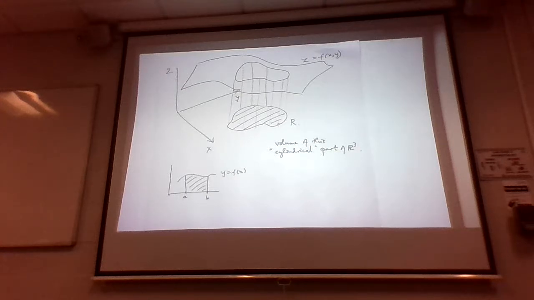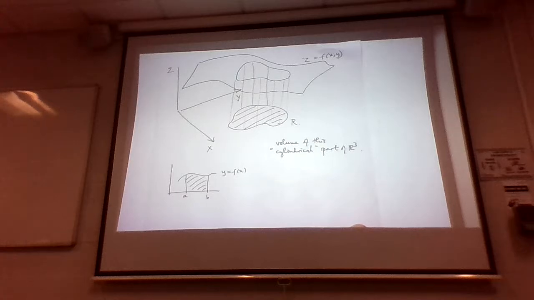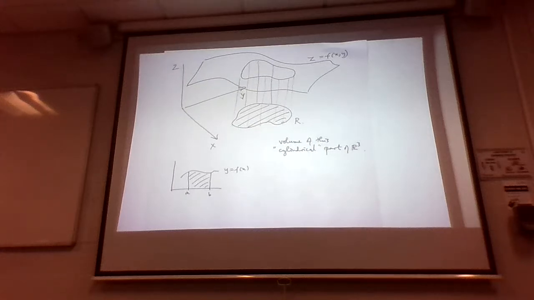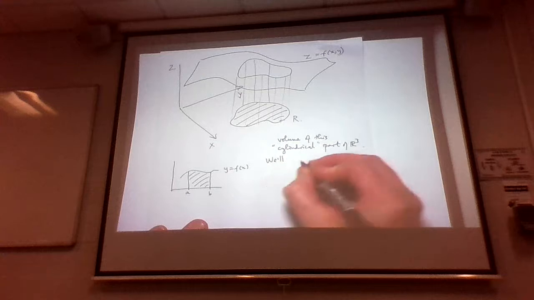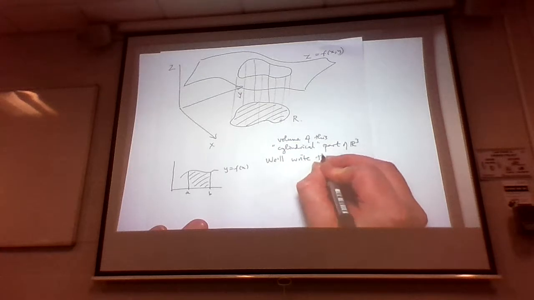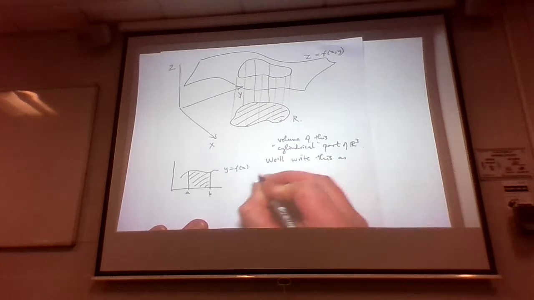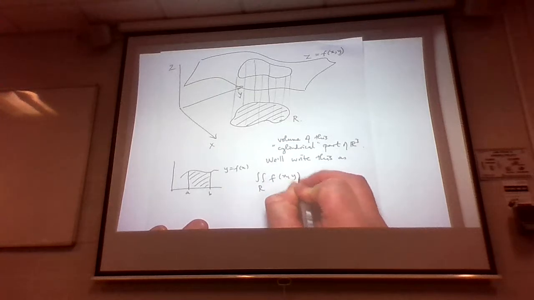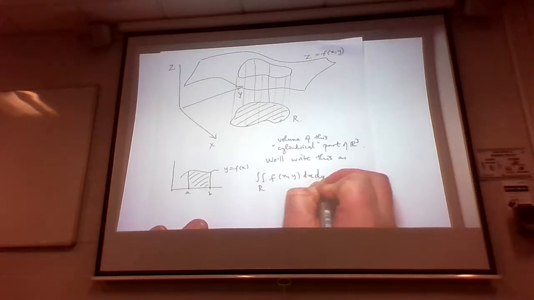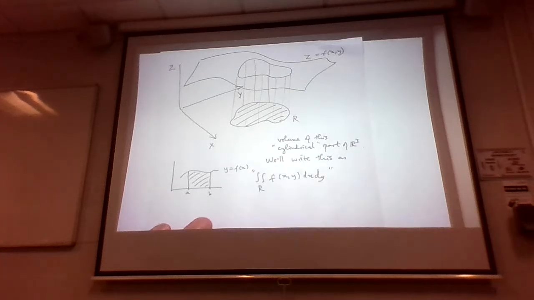Now, the question is, how can we get at the volume of this region? Okay. We'll write this as this kind of integral, which for the moment is really just a bunch of symbols for us.